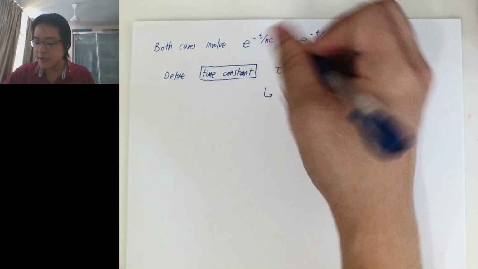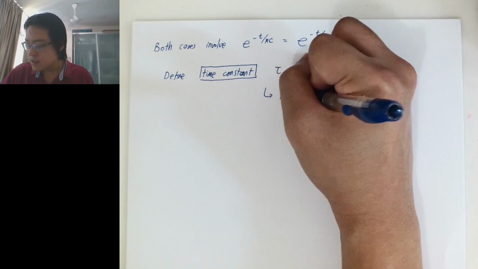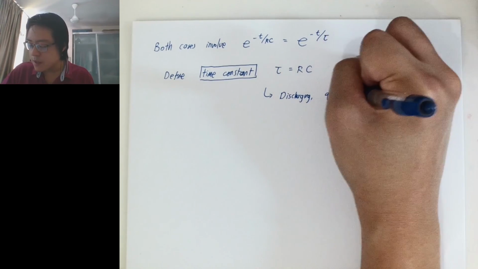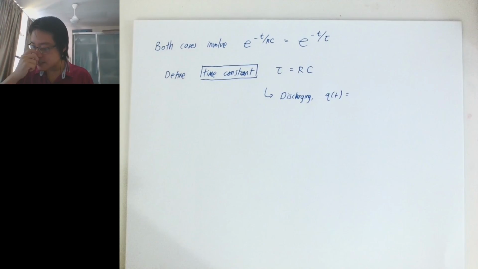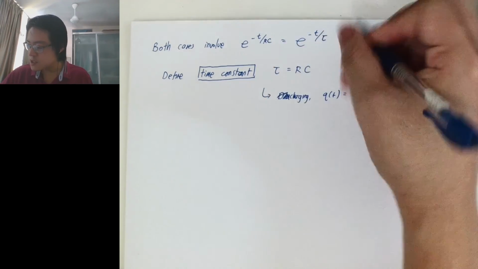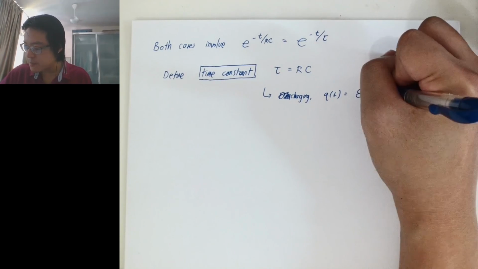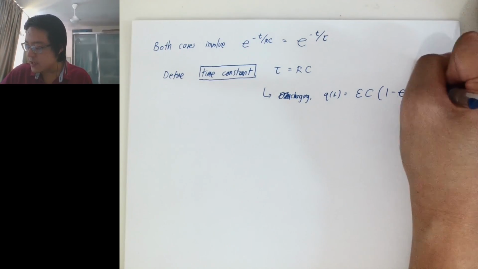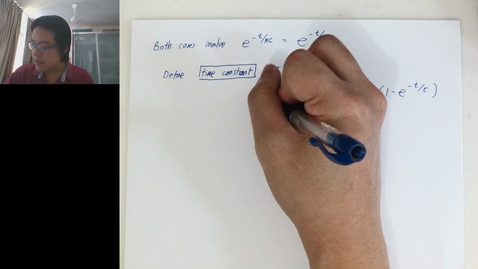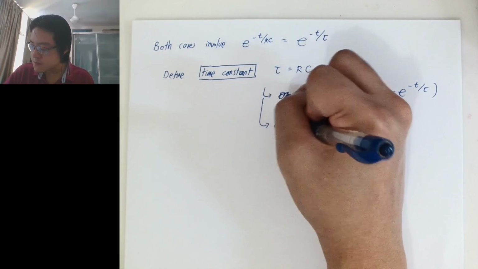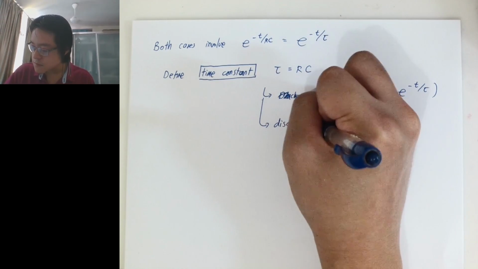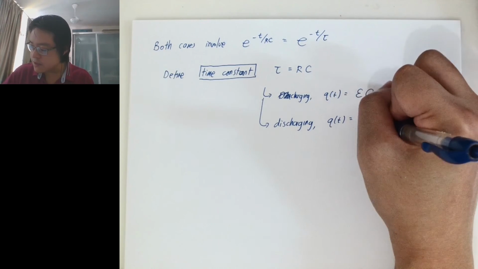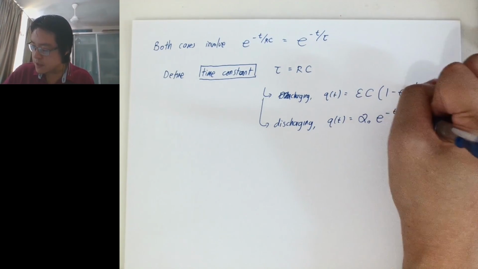For example, if I have a charging capacitor, then Q of t, the result that we got just now, is EMF times capacitor, times 1 minus e to the decay, t over tau. And if I have a discharging capacitor, then my current depends on my initial value and e to the t over tau.